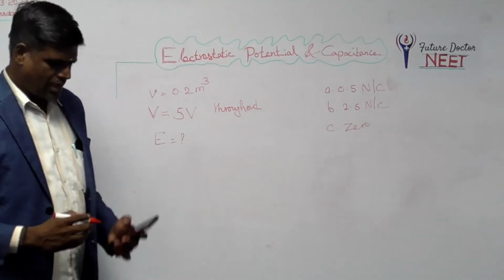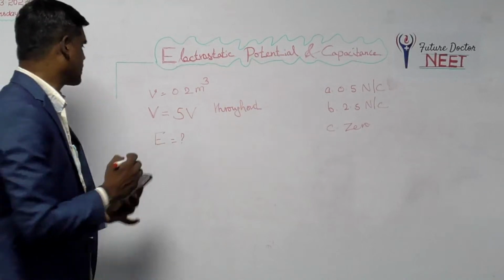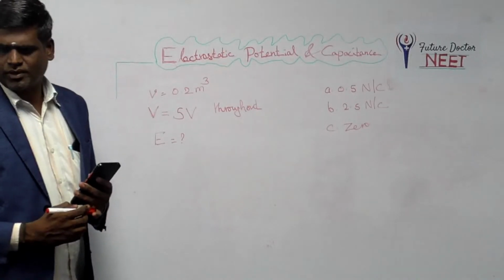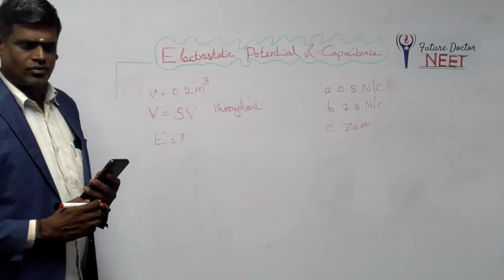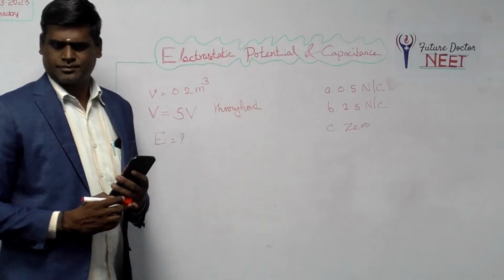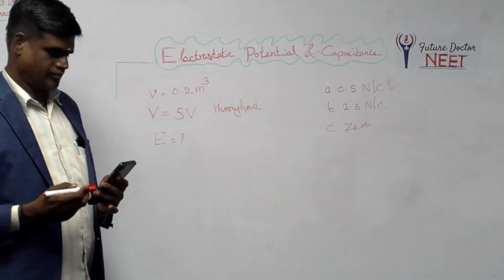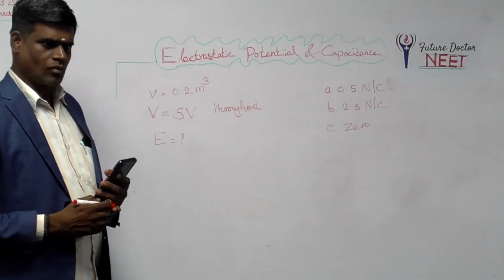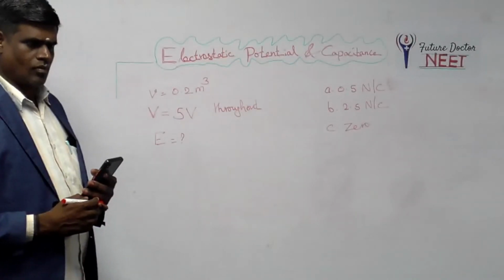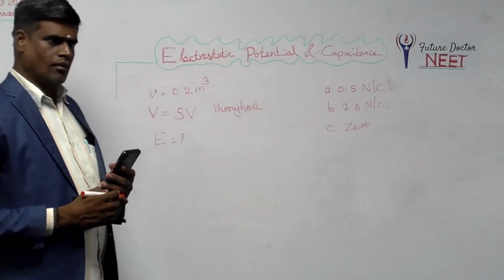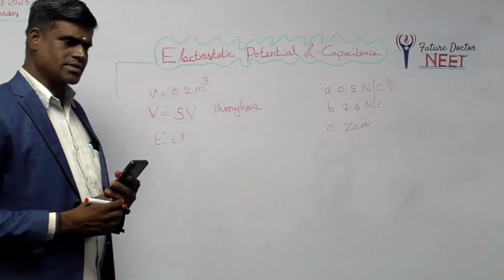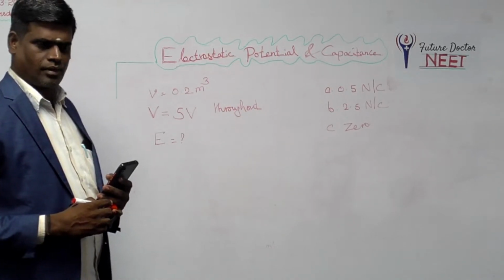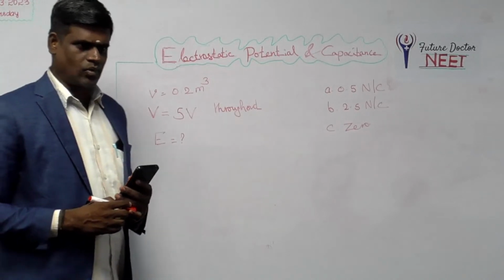Okay. Last class only we gave the relationship between electric field and potential. What is the formula? Yesterday class only. Relationship between electric field and potential. V equal to minus E into dx, and then E equal to, in the first class itself we put this one.